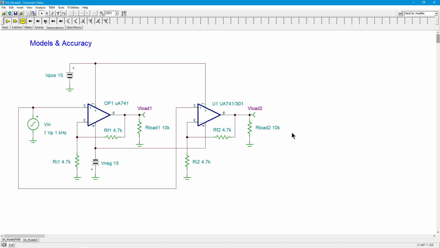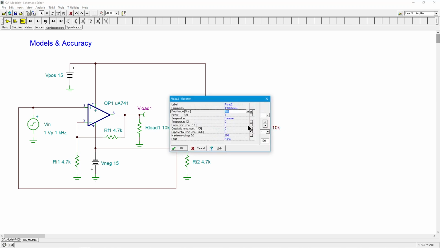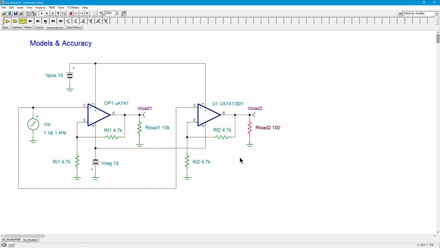Well, if you're going to drive a 10K ohm load with a gain of 2 and a 1 volt input, that's 2 volts, no biggie. That's a fraction of a milliamp. But what if we really crank this down? What if I bring it down to like 100 ohms? Can you still develop that 2 volts across 100 ohms?